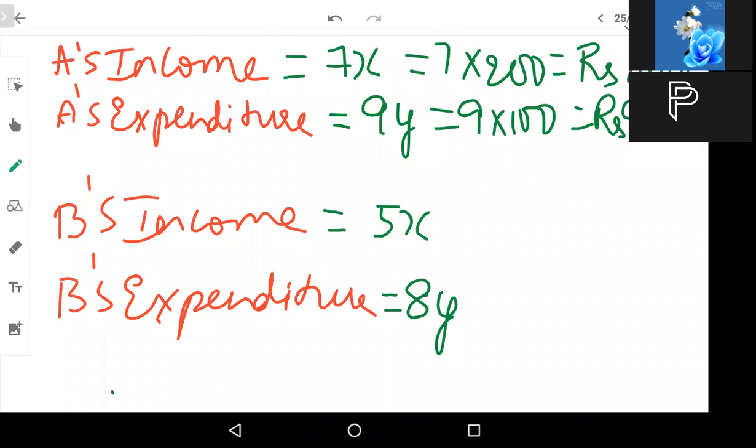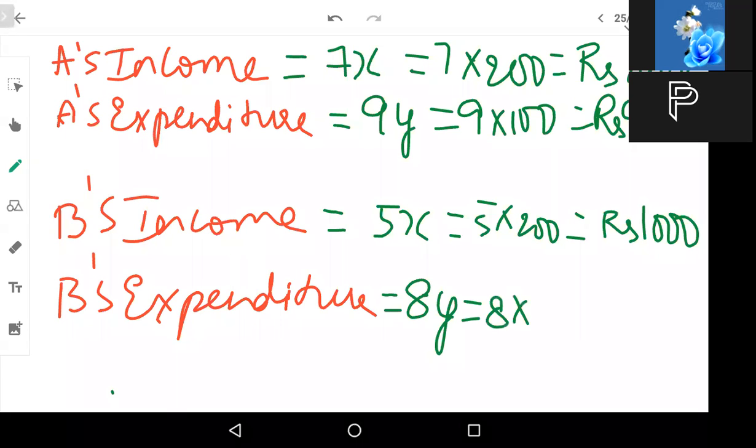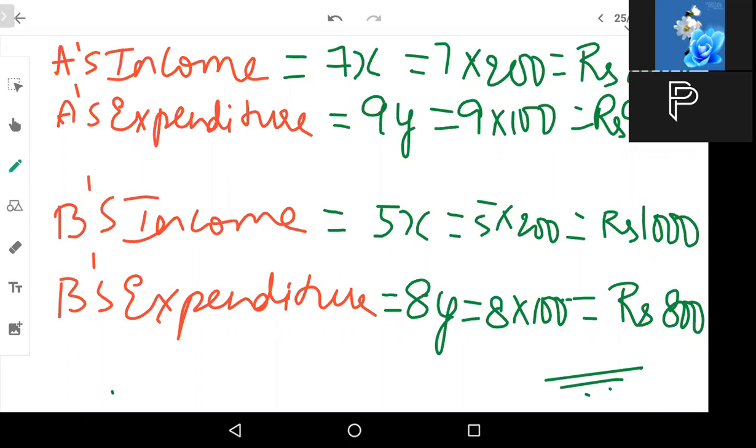A's expenditure is 900. Okay. Now B's income is 5 into 200, which is rupees 1000. Correct. Then 8 into 100, B's expenditure is 800. So this is our final answer. Any doubts in this?